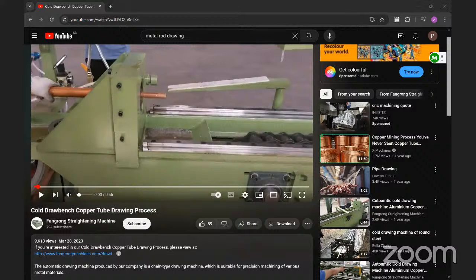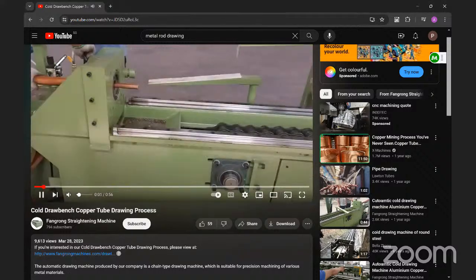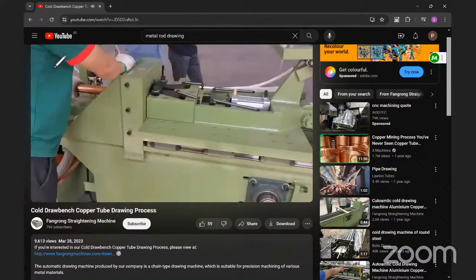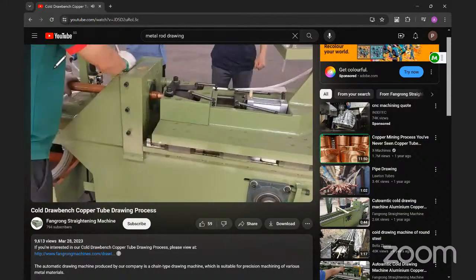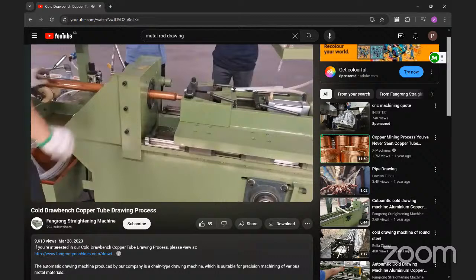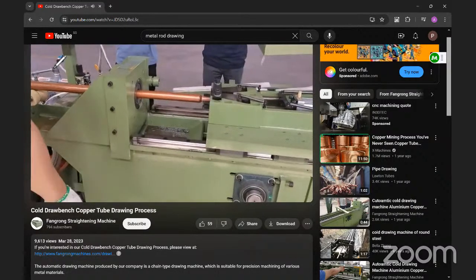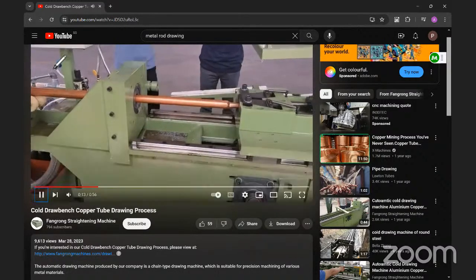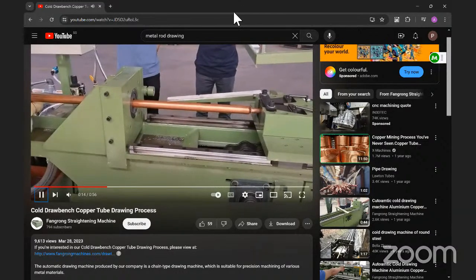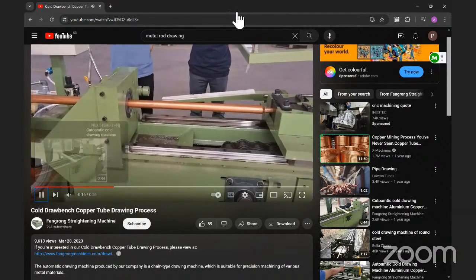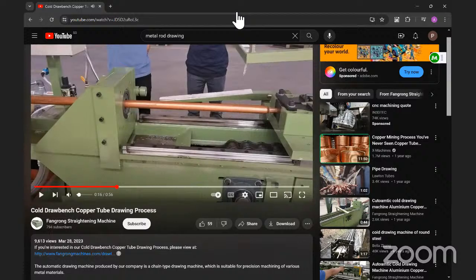Run the video. Notice what is happening to the copper pipe. The copper pipe is reducing in diameter, and it seems to be lengthening. So it's smaller in diameter but lengthening.